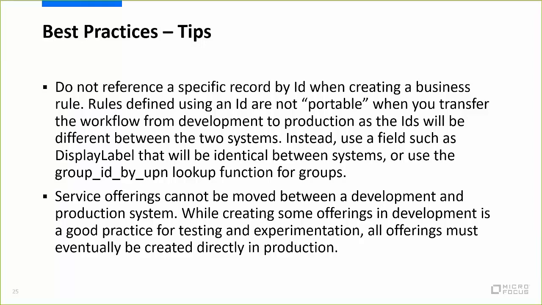And for service offerings, they cannot be moved between a development and production system for the moment. So consider creating your catalog, your offerings in development only for a bit of testing and experimentation, but then the overall content of your catalog in production, and as you develop it, you can restrict the access to just the implementation team using the audiences, but then once it's ready to publish, then adjust those audiences.